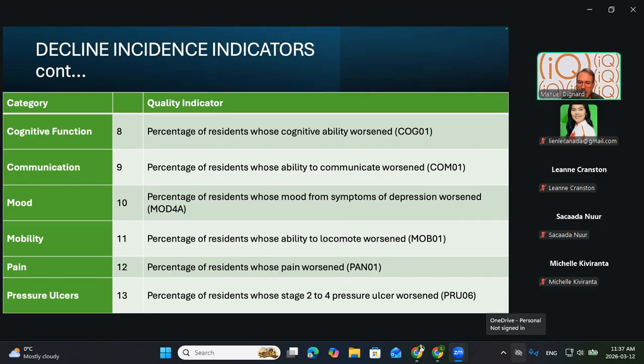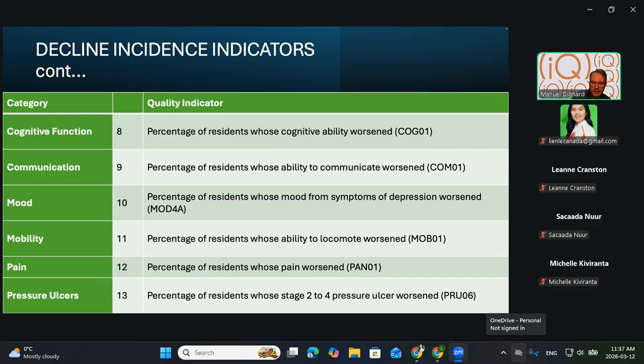And just like the improvement indicators, these QIs are calculated using those same temporary variables. And when we look at these QIs, we need to remember: these are flags, they are not judgments. They signal a change that is worth investigating, not a final verdict on care quality.